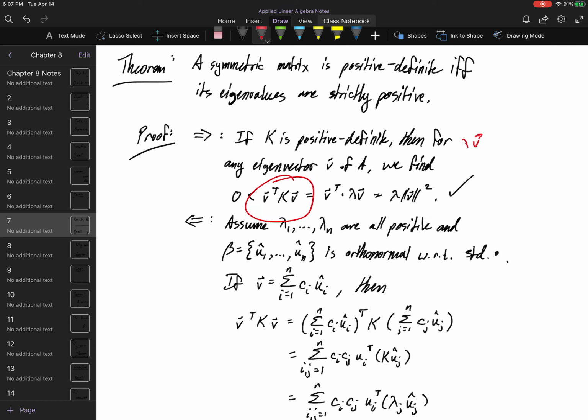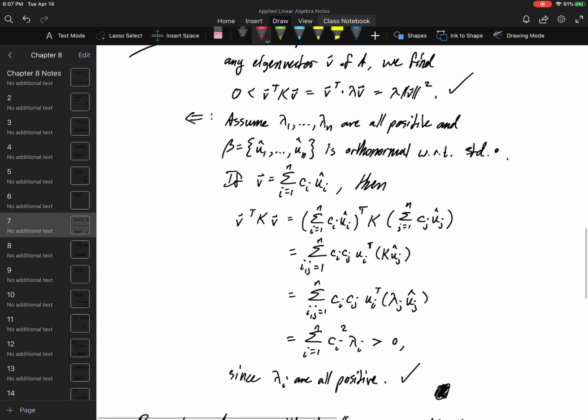And the lambda factors outside of the transpose here, so this is lambda times V transpose V, and this is exactly equal to lambda times V dot V, which is exactly lambda times the norm of V squared, which is exactly what I have on that line in the proof. So indeed, this lambda must be positive.